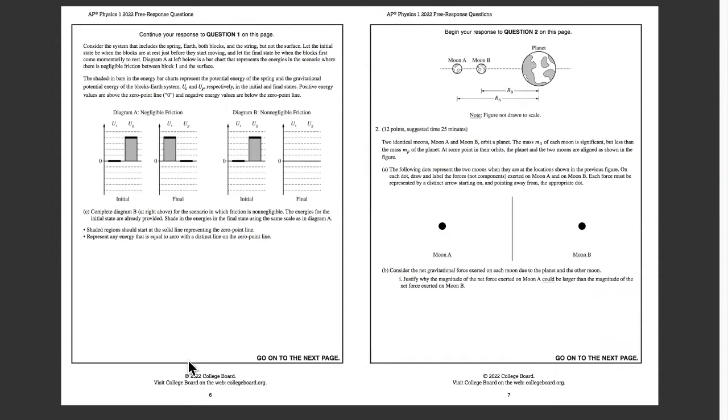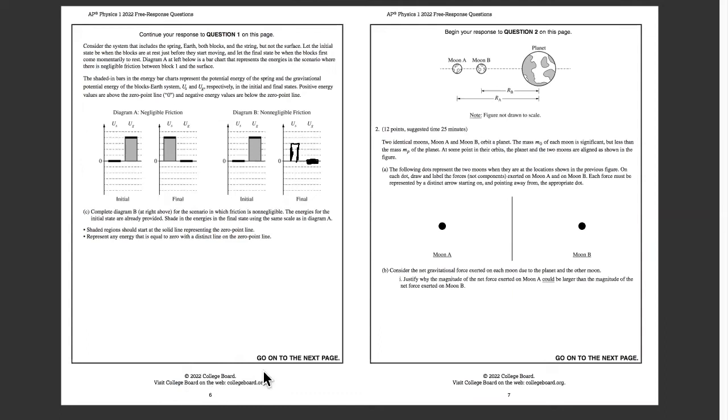We don't actually have to even explain anything here, but it's very easy to think about, right? Friction is going to cause a loss in mechanical energy because the surface is not a part of our system. So we are going to have a lower spring potential energy.